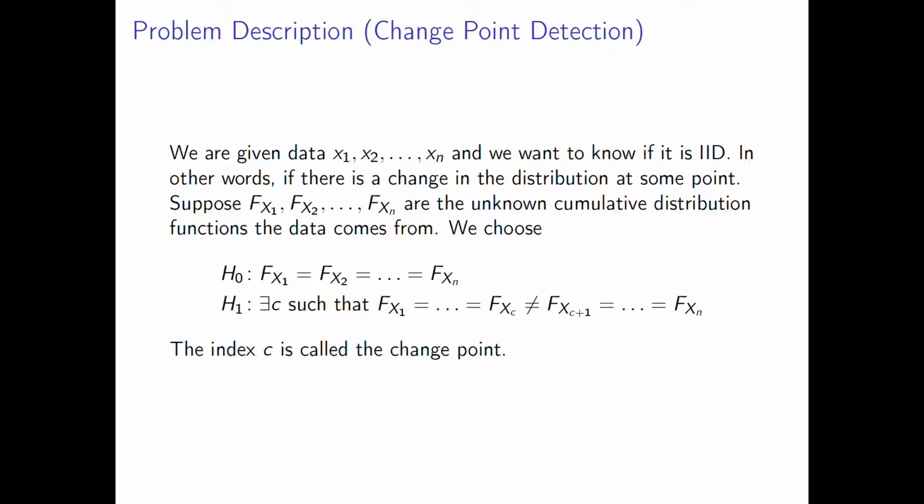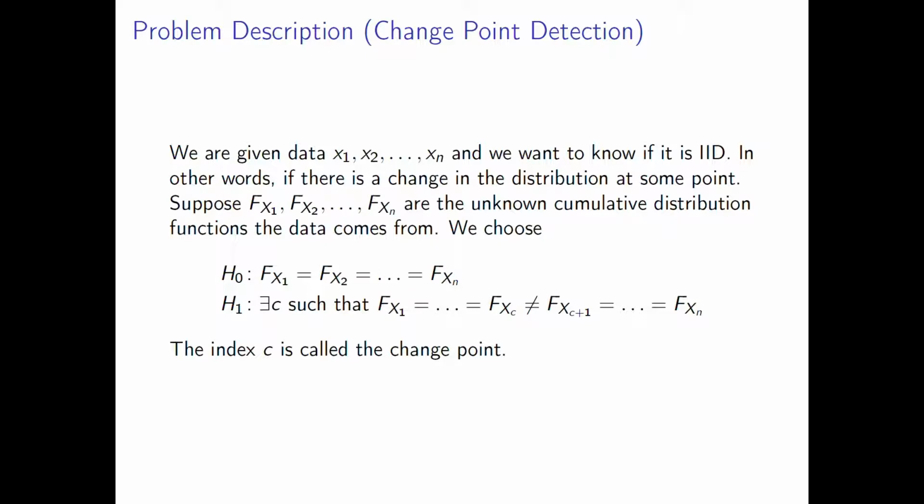With hypothesis testing, the framework is such that suppose we have F_X1 to F_Xn. These are the unknown cumulative distribution functions that the data actually comes from. And we choose the hypothesis such that H0 is that these distributions are all equal.